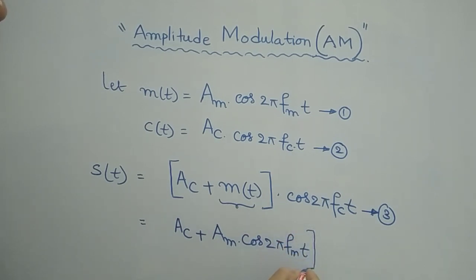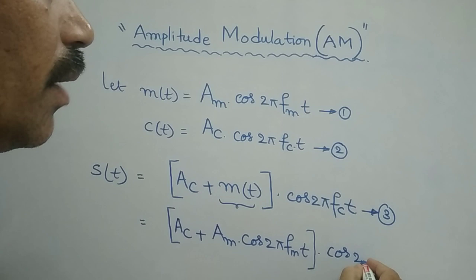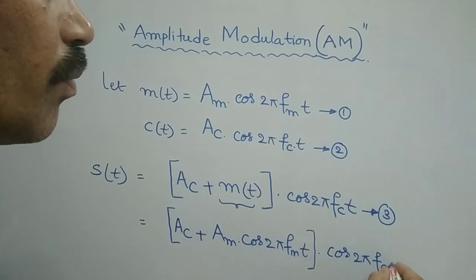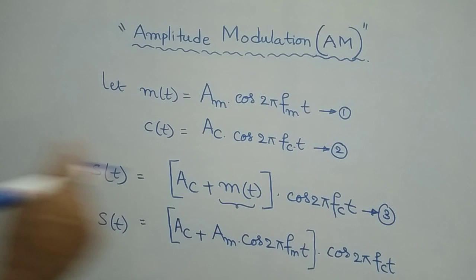Put the bracket, multiplied into cos 2 pi fct.